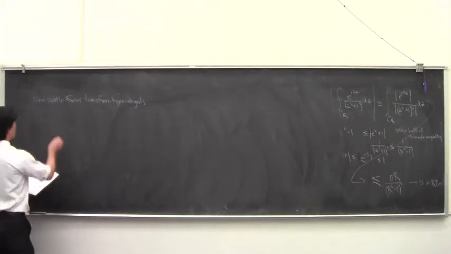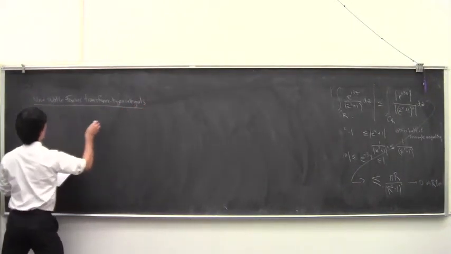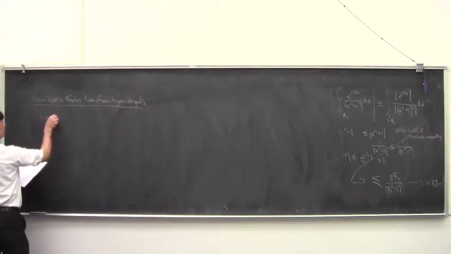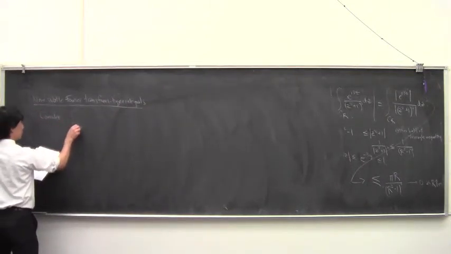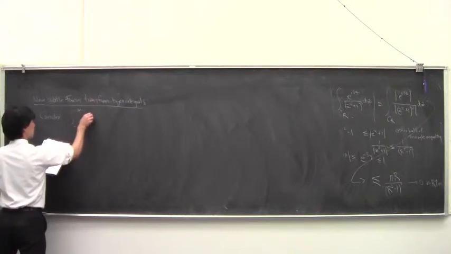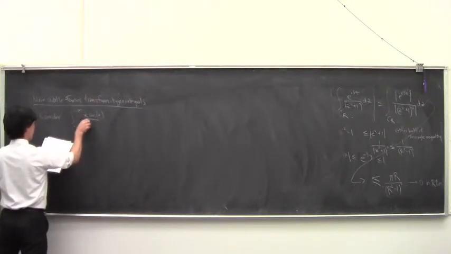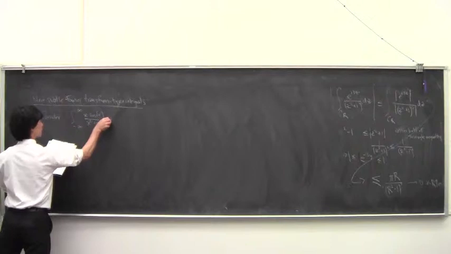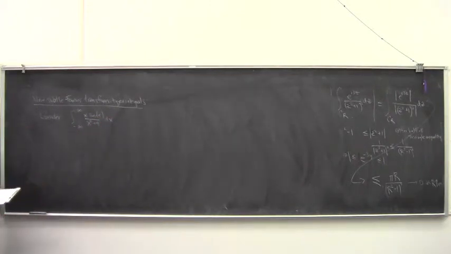So if we consider now the integral of x sine x over x squared plus 4, x dx. This may look like it's the same sort of problem as before, but see what happens when you try to do the bound. It doesn't work.